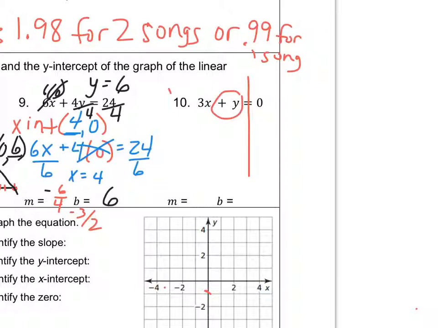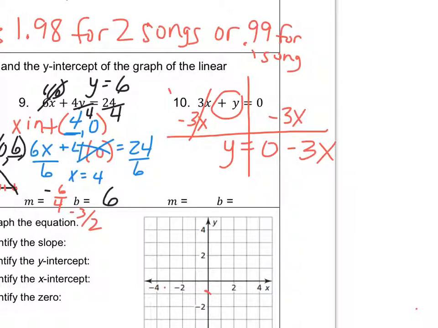It's a positive y. So I'm just going to minus 3x. Now, here's where I saw most of you guys going wrong during the review. 3x is not a like term to 0, so I'm not going to put it under the 0. I'm going to put it off to the side. And I've got y equals 0 minus 3x.